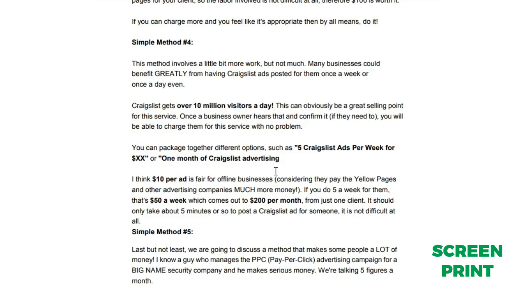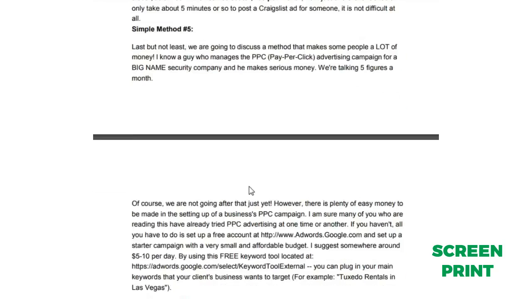I think $10 per ad is fair for offline businesses considering they pay the Yellow Pages and other advertising companies much more money. If you do 5 a week for them, that's $50 a week, which comes out to $200 per month from just one client. It should only take about 5 minutes.